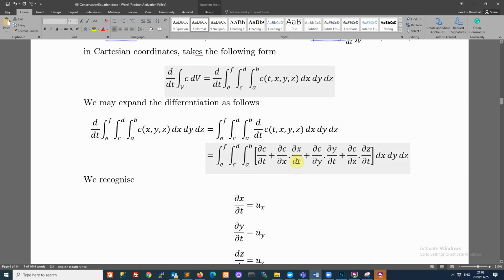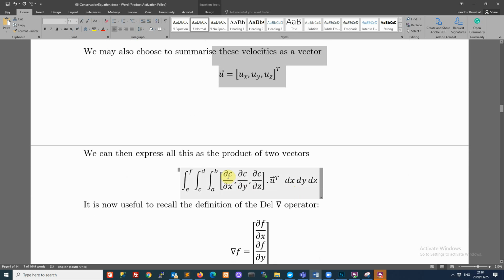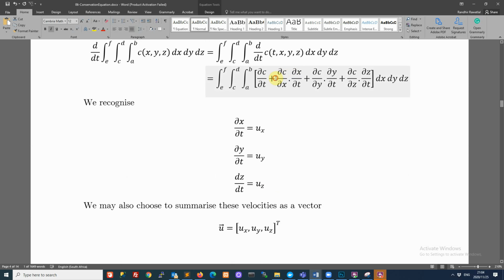So if we replace these by ux, uy, uz, you can rewrite this as the product of ∂c/∂x, ∂c/∂y, ∂c/∂z, and u. Right, so all those gradients multiplied with the vector u is the same as this part of the balance.